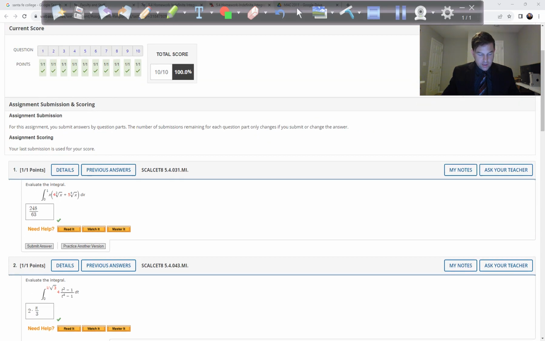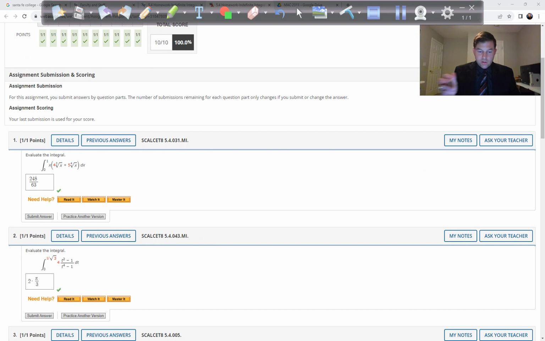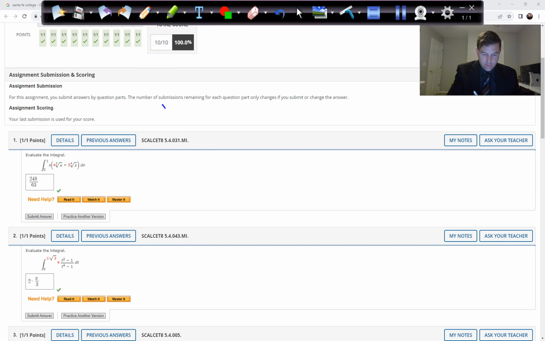Problem 2 is kind of similar. We're going to have the antiderivative from 0 to 1 over root 3, so it's a definite integral, of 4 times t squared minus 1 over t to the 4th minus 1 with respect to t, so we say dt.